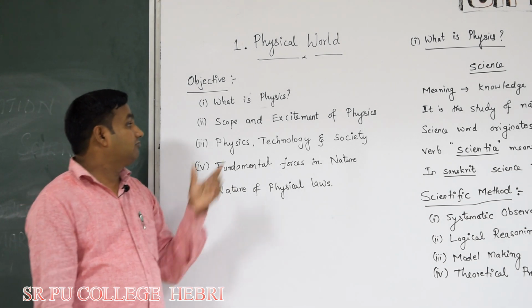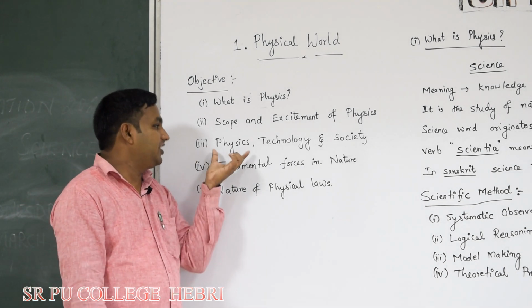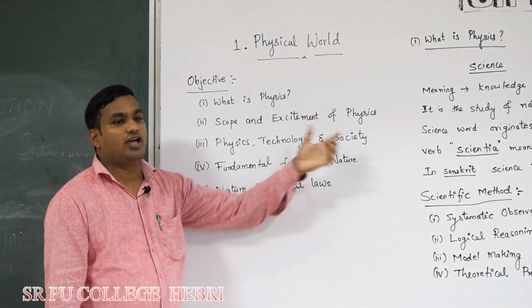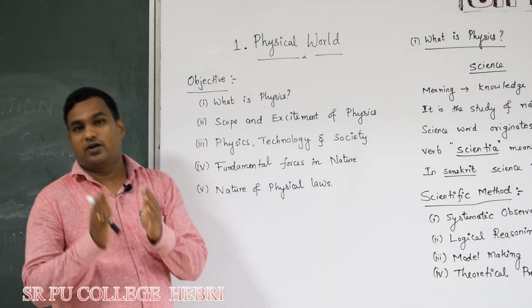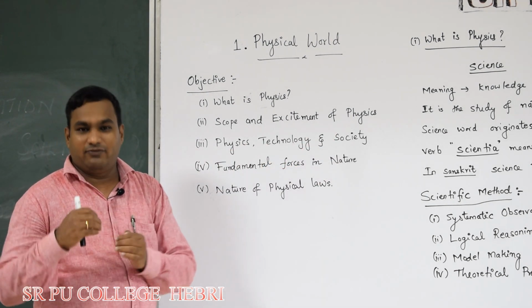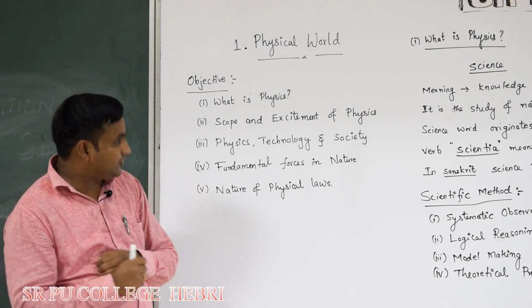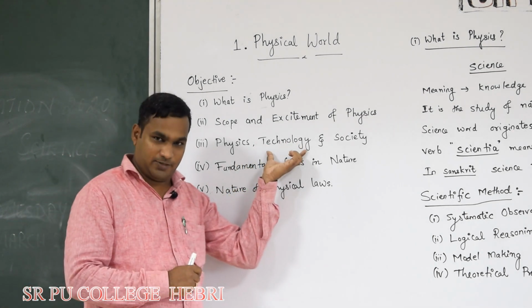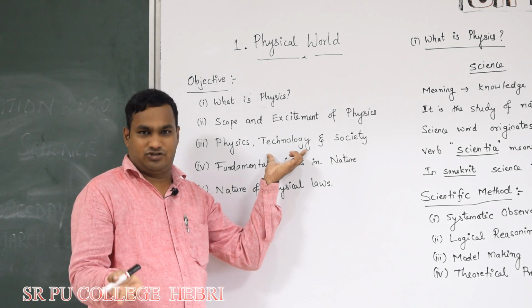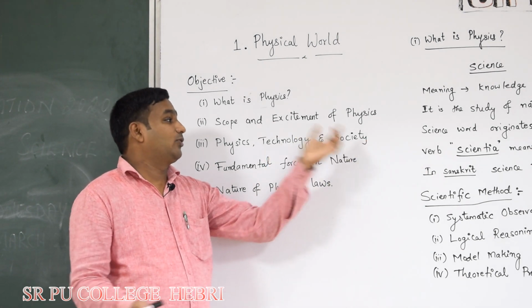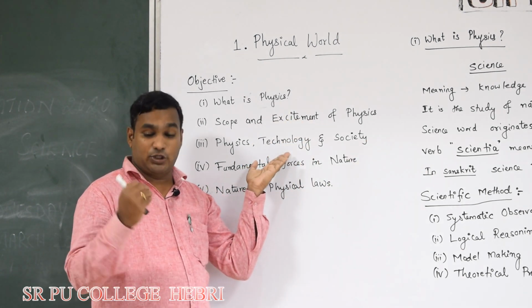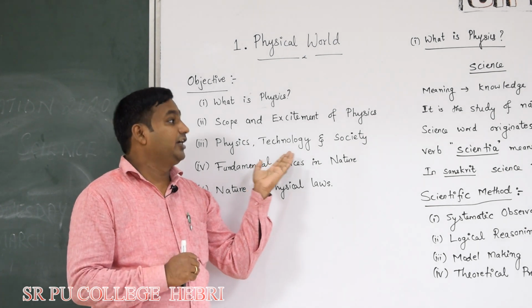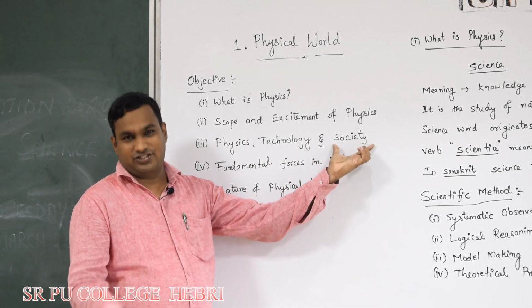And along with that, the third important objective part is physics, technology and society. Again, it is one of the important areas. Whatever concept you learn in physics, it is used in different technology. And along with that, whatever technology is there in day-to-day life, it is useful for society.